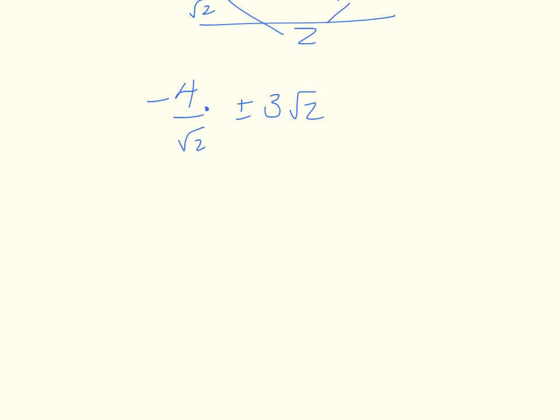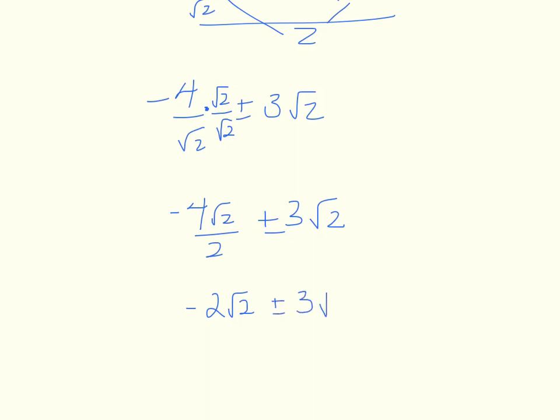I'm not sure what to call it, but you multiply by root 2. Negative 4 over root 2 times root 2, exactly. Negative 4 root 2 over 2 plus minus 3 root 2. That's negative 2 root 2 plus minus 3 root 2.